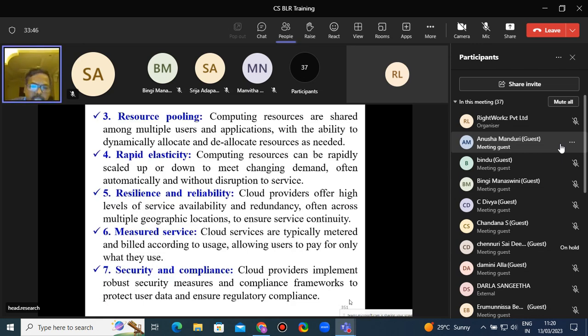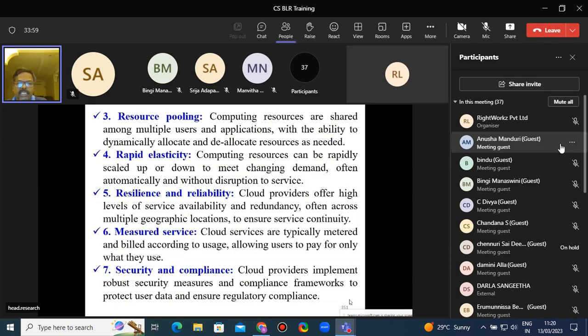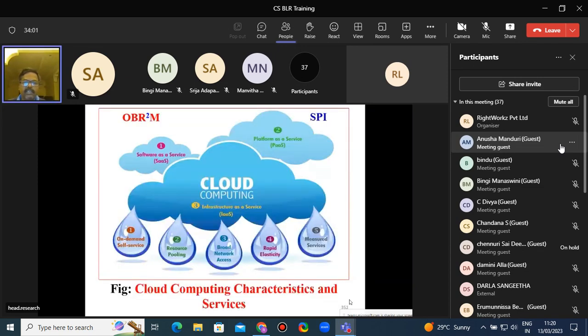If you see the diagram, cloud computing characteristics and services, OPRQBM, here only one R extra, that is called the resilience and reliability. Here we haven't included it. So 5 characteristics: on-demand self-service is nothing but pay and use. Resource pooling, all services at one place is called resource pooling.